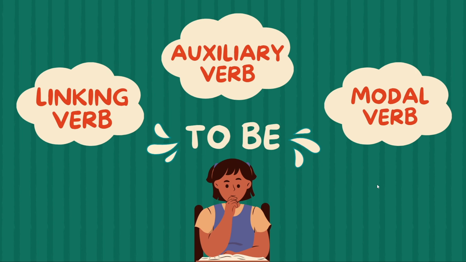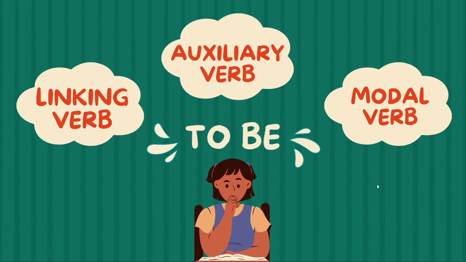The verb to be is an auxiliary verb, but it also has two other functions. It works as a linking verb, also named a main verb. Linking verb and main verb are the same. It also works as a modal verb, which I'm going to explain very soon.